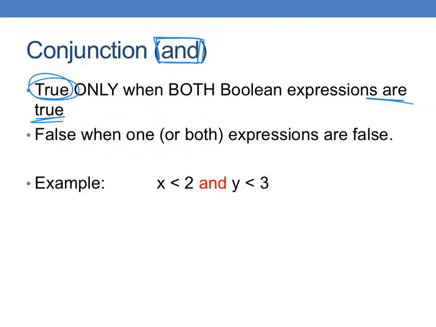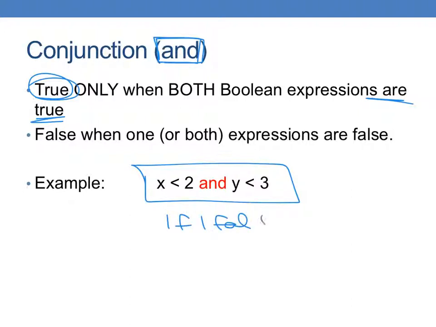So for example here, this statement would only evaluate to be true if x was less than 2 and y was less than 3. And what happens is if one of them is false, the whole thing ends up being false. So that's how a conjunction works. And we can write code that says this and this and this. All of these simple Boolean statements must be true in order for my code to run.